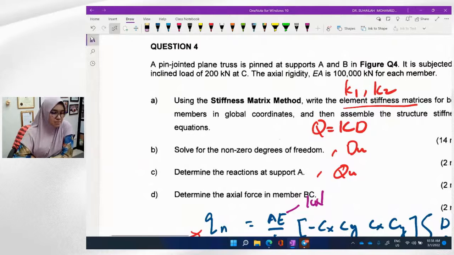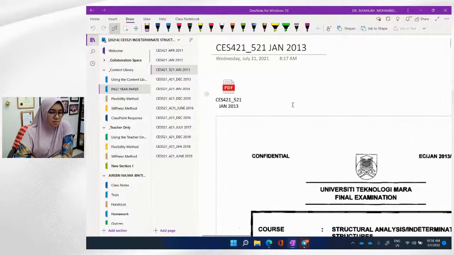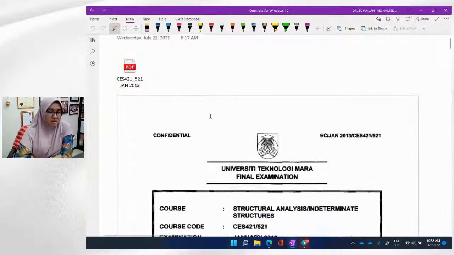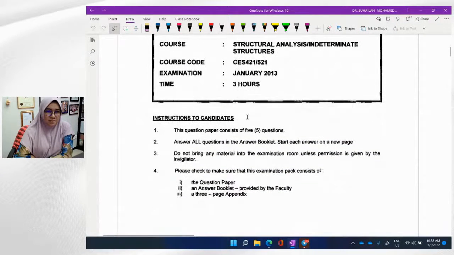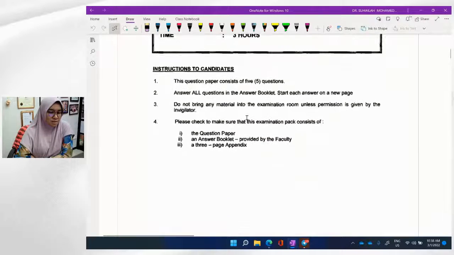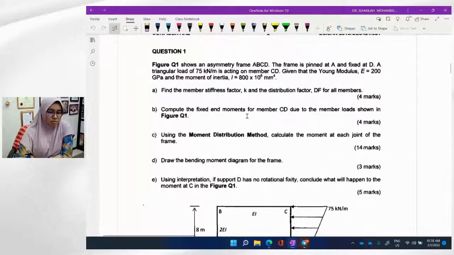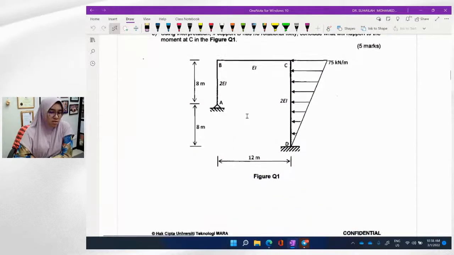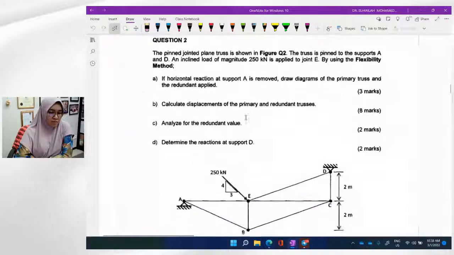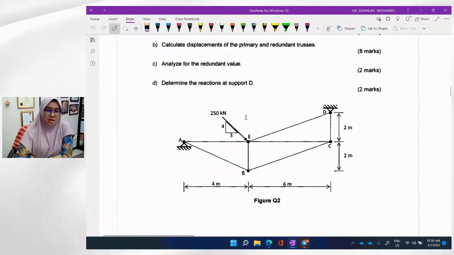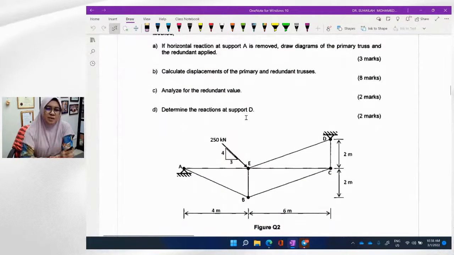Okay, so we move to 2013. This is the flexibility method; the next chapter is moment distribution. Basically, as I mentioned just now, we limit the member so that we can also limit the degree of freedom.